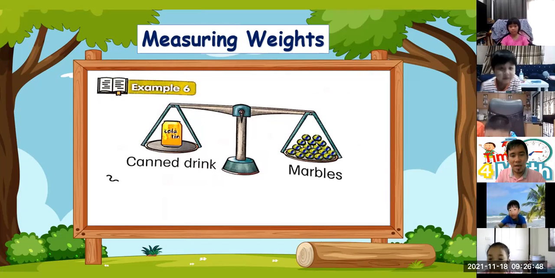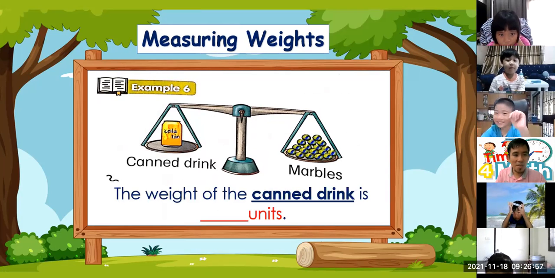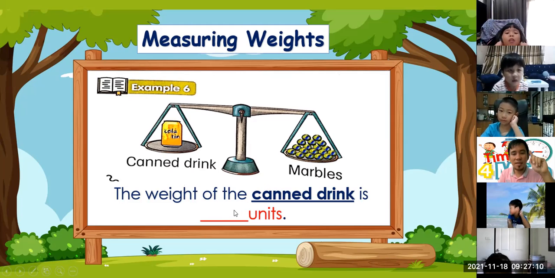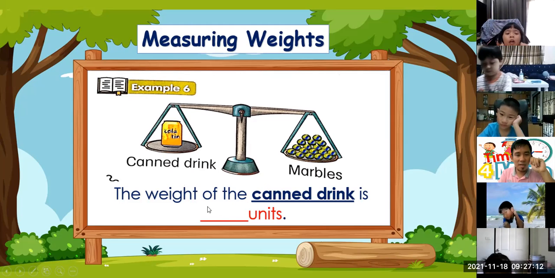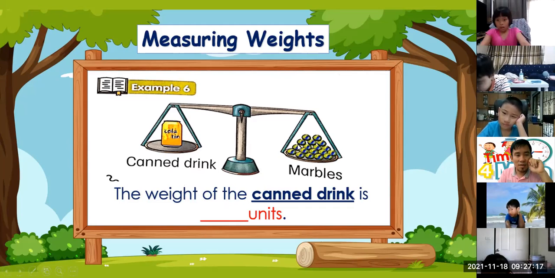Here, the canned drink. Captain, what is the weight of the canned drink? How many units? 1 marble, 1 unit. Is it only 1 marble here?